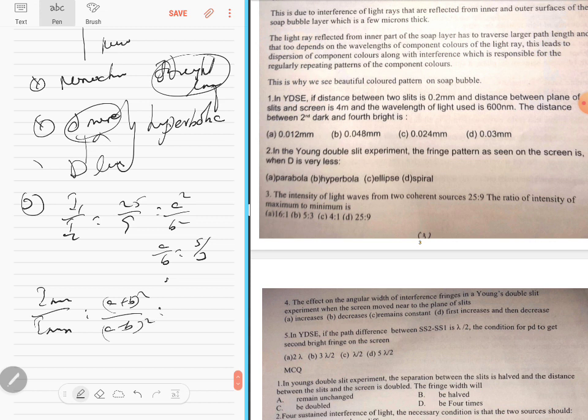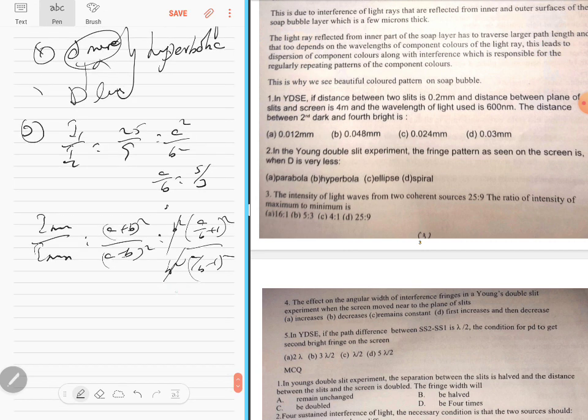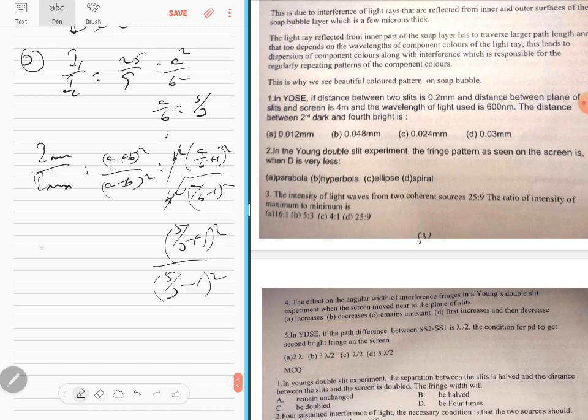Since they are asking for ratios, you can take b square out: (a by b plus 1) the whole square by (a by b minus 1) the whole square, where b square cancels. (5 by 3 plus 1) the whole square by (5 by 3 minus 1) the whole square. When you take LCM, it's (8 by 3) the whole square by (2 by 3) the whole square. So 64 by 4. So the answer is 16.